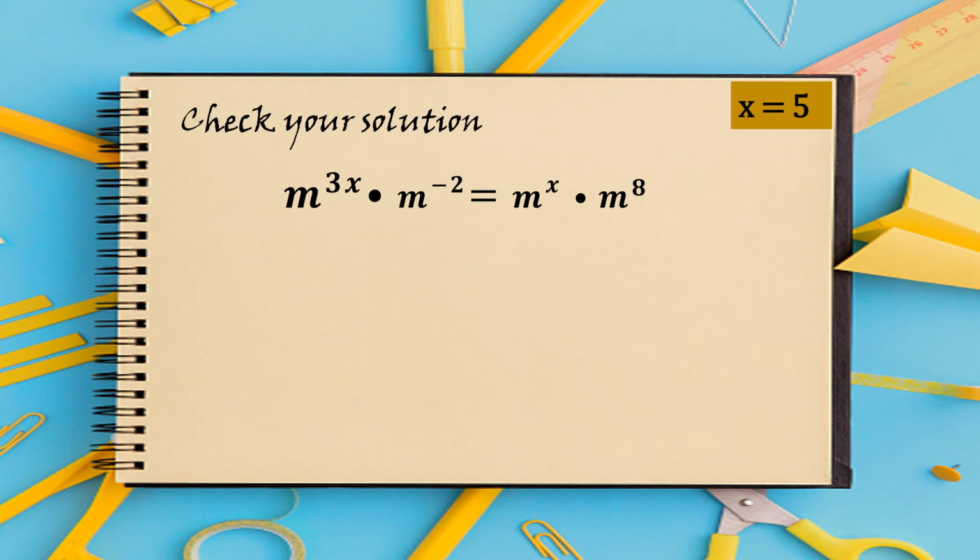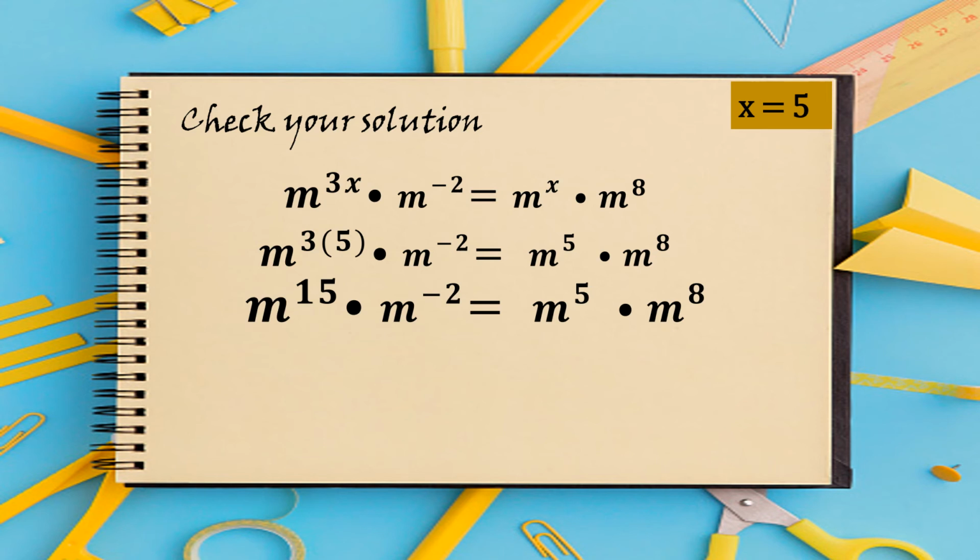To check, we will use this original equation and we will use this as our replacement value. So, from this, we have m raised to 3 times 5 times m raised to negative 2 equals m raised to 5 times m raised to 8. And 3 times 5 is 15. So, m raised to 15 times m raised to negative 2 is m raised to 13.